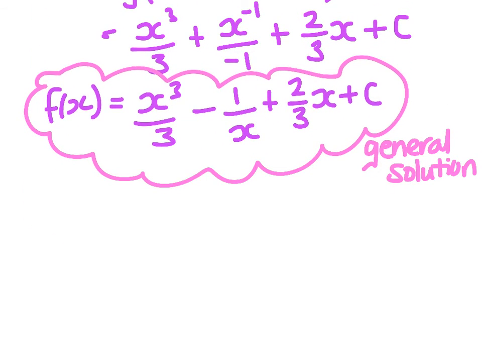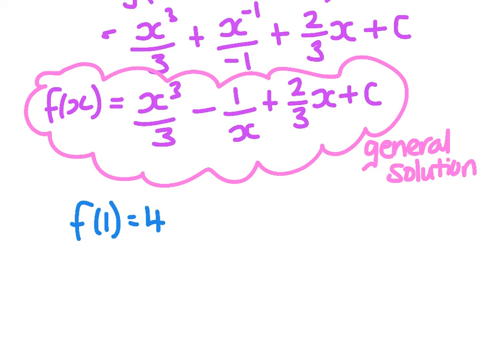Now I'm also given the information in this question that f of 1 is equal to 4. Now it's been written in a different way because we're using function notation, but it means the same as when y equals 4, x equals 1. So what I'm able to do now is substitute x with 1 and y with 4 and work out what c is.